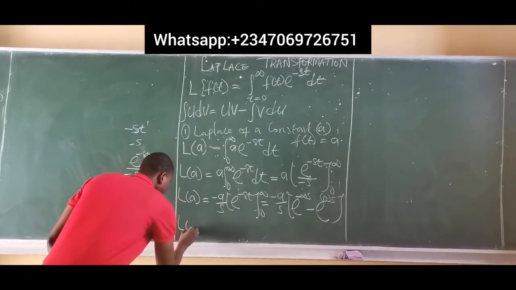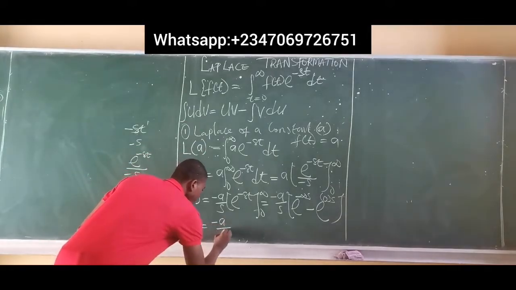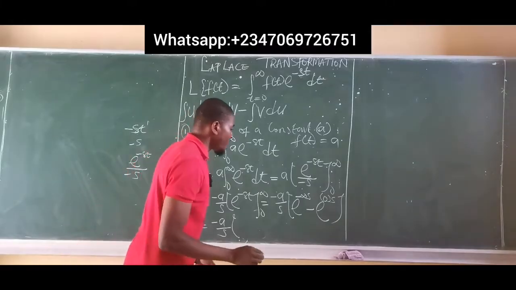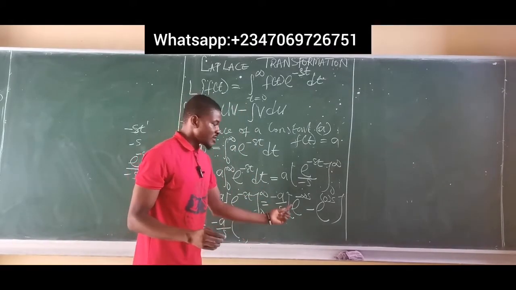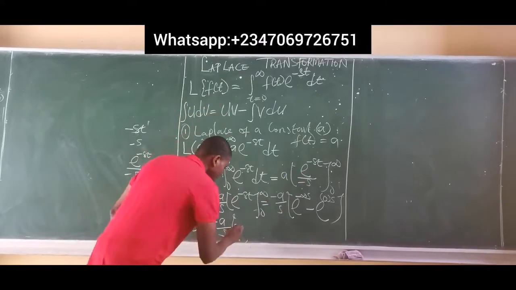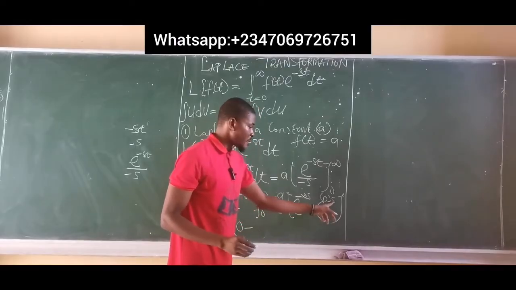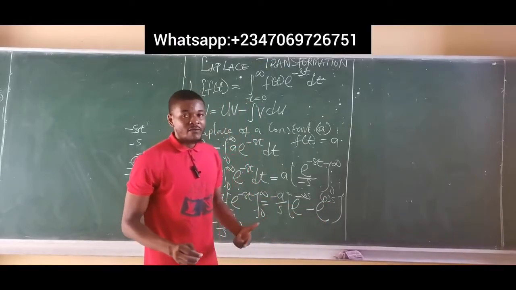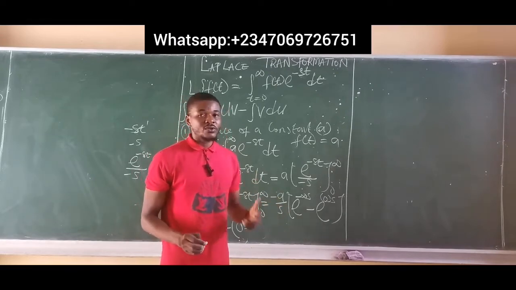Now, Laplace of a is equal to, I have minus a all over s times, mind you, exponential to infinity is undefined. Hence, it is considered as 0. So this is now 0 minus, again, 0 times s is 0, exponential of 0. Any variable to the power of 0 apart from 0 is 1.